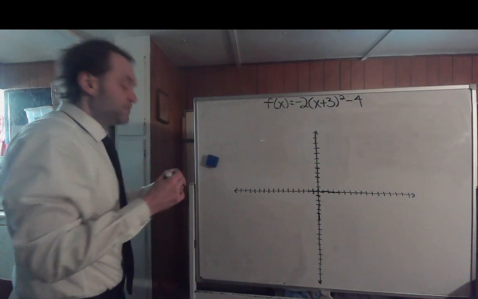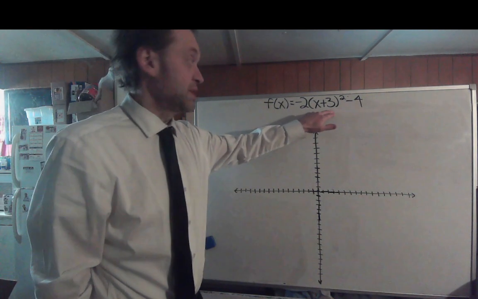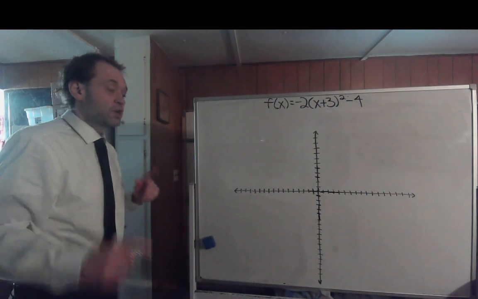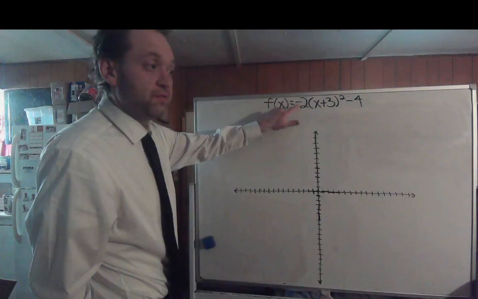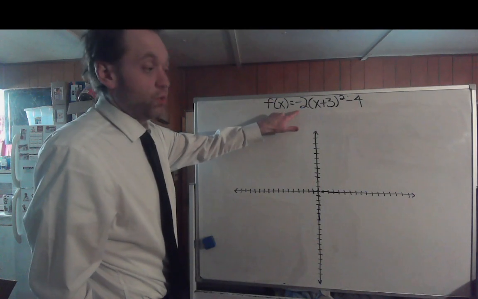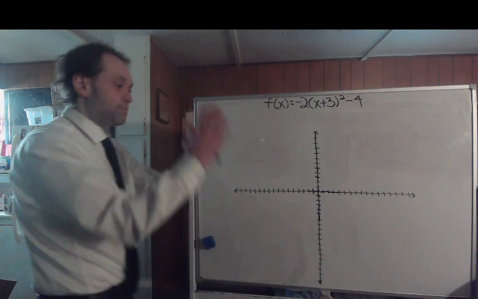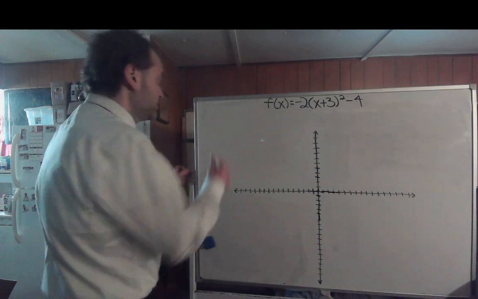So we have f of x equals negative 2 times the quantity of x plus 3 squared minus 4. Start with your coefficient, that a. The a is negative 2, which means since it's negative, the parabola would open downward. Now that doesn't change your vertex, however.